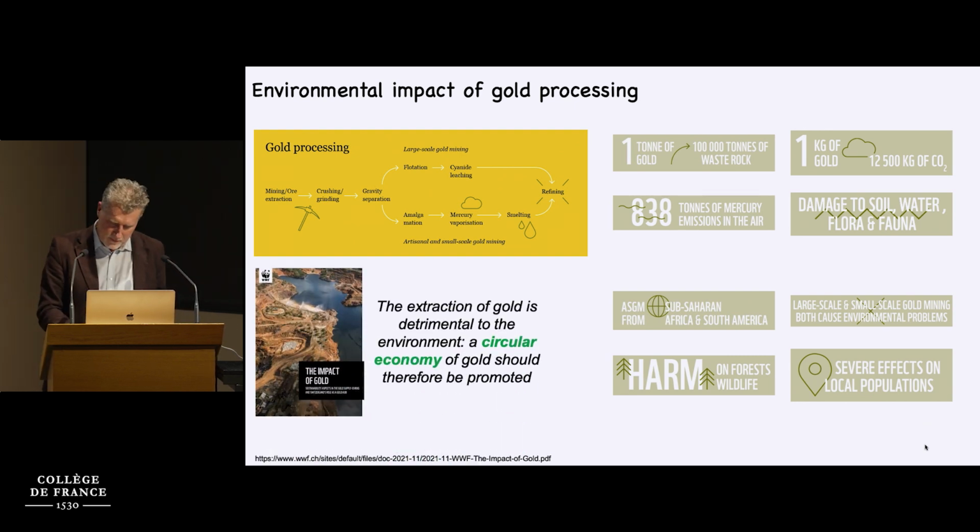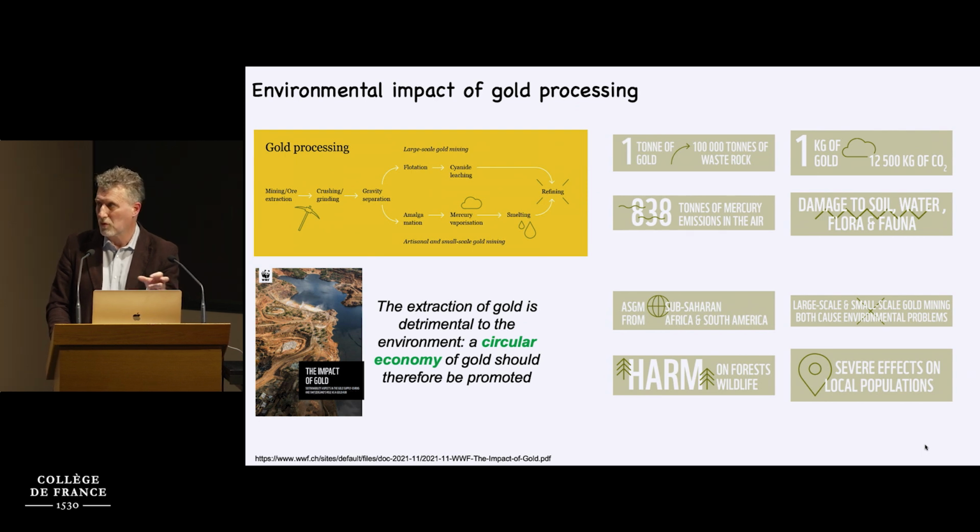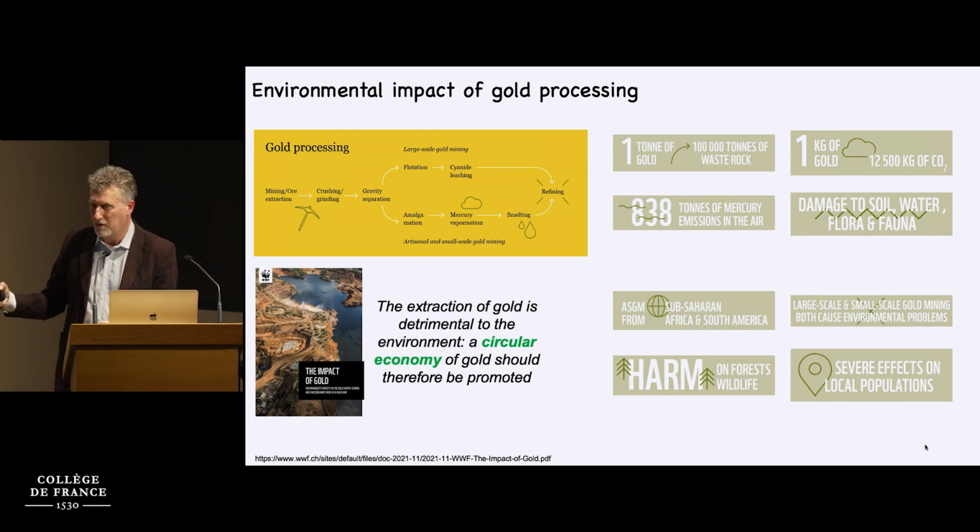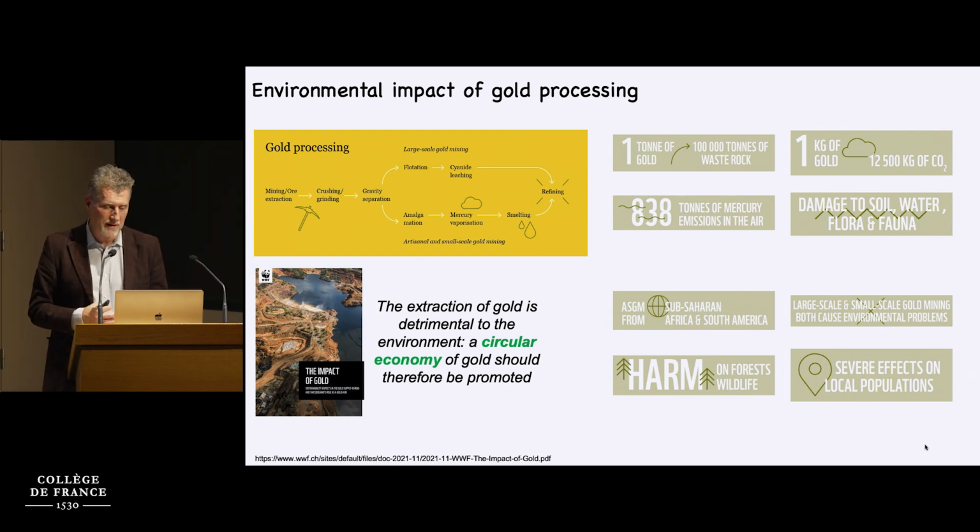So it's clear that the circular economy of gold has to be implemented, to the point that today a kilogram of gold which is recycled is slightly more expensive than a kilogram of pristine gold, because this has been recycled and because this is traceable. There is also the fact that gold which has been recycled is not illegal gold, and 1/3 of the gold around is still coming from illegal mining.